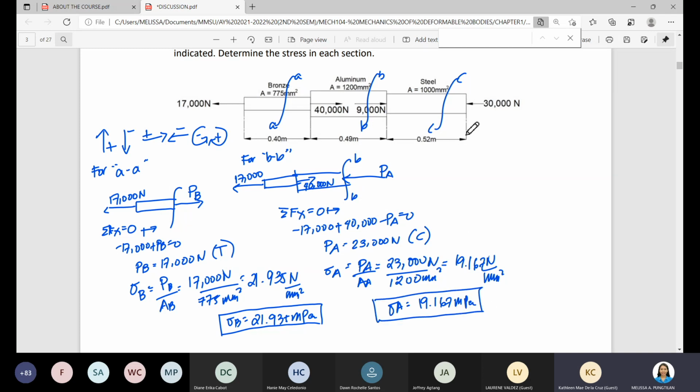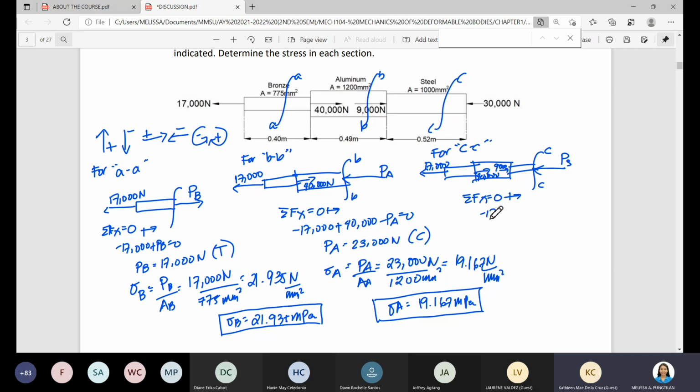And then, para sa ating steel section, so parehas lang din, ganong process din. So we have dito meron tayong 40,000 and dito meron tayong 9,000. So assume dito tayong PS. So taking the summation of forces along x direction is equal to 0, to the right as positive.